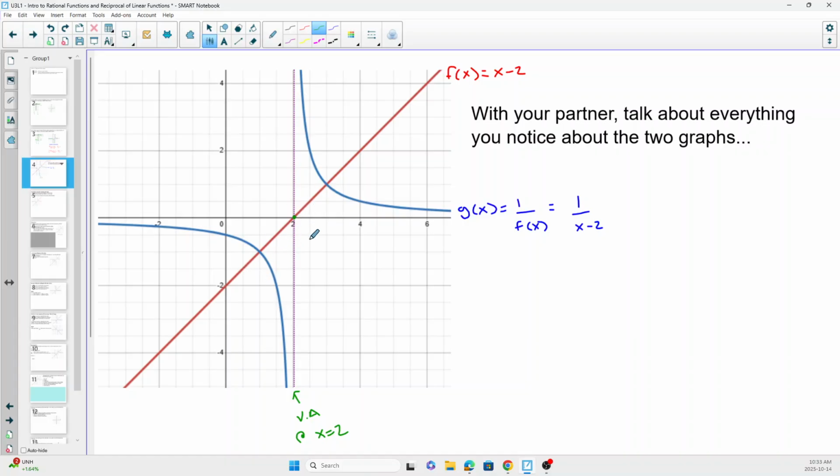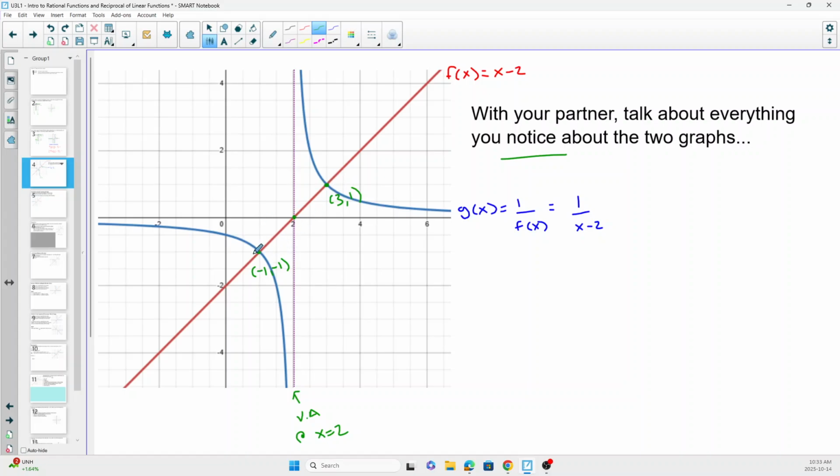So that might be something you noticed. That's not a coincidence. Something else you might have noticed is that the two functions intersect here and here. So they intersect at (3, 1) and at (-1, -1). That's also not a coincidence.